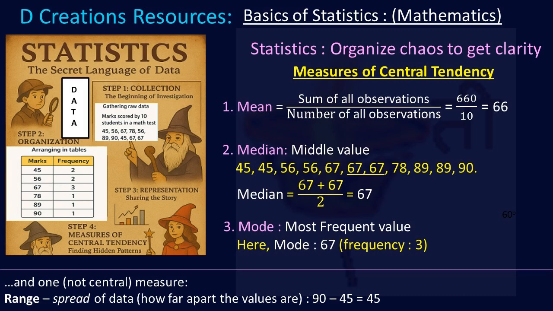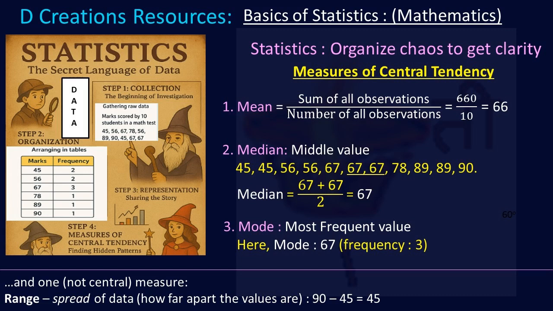Median is the middle value, which came out to be 67. And mode is the most frequent value, which came out to be 67. Now here it's a coincidence that the values have come out to be same, but that need not be the case every time. Alright?